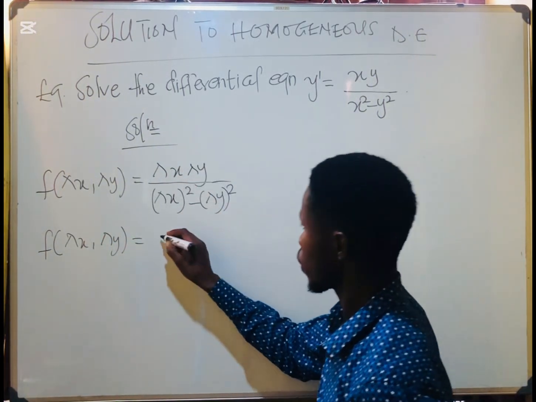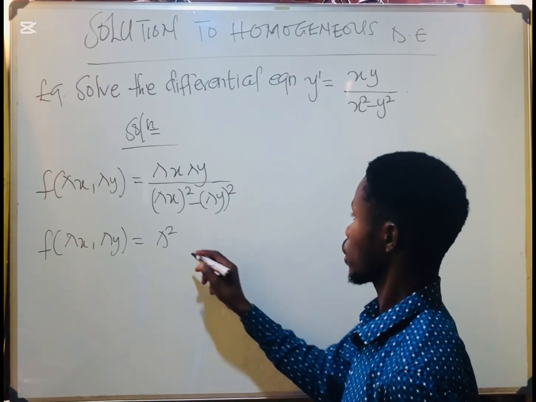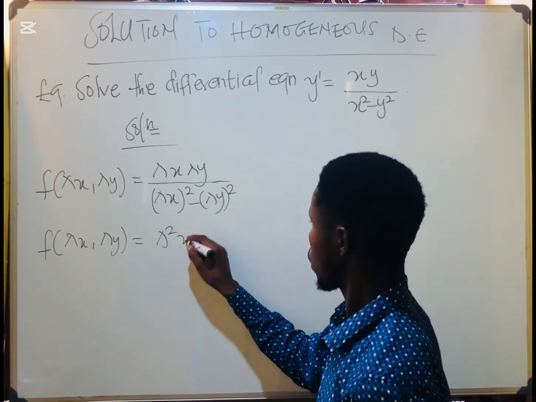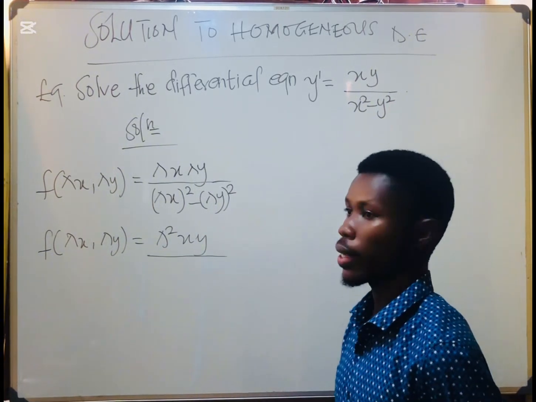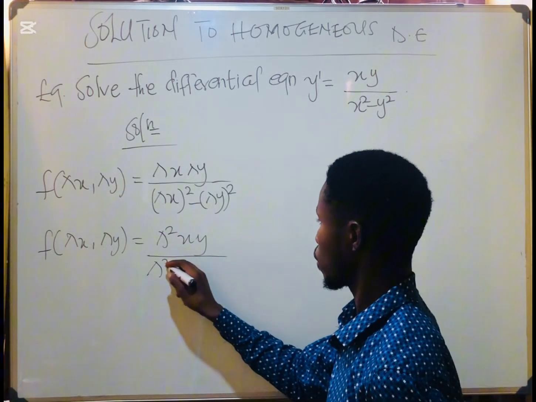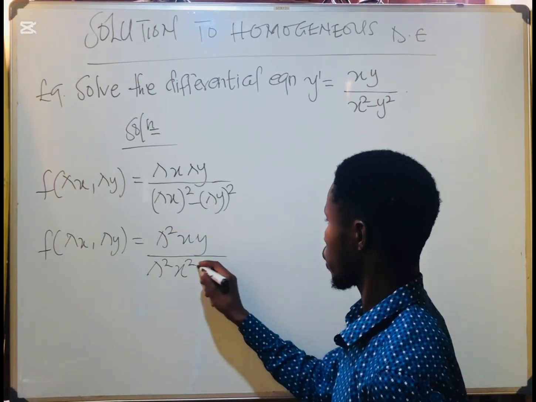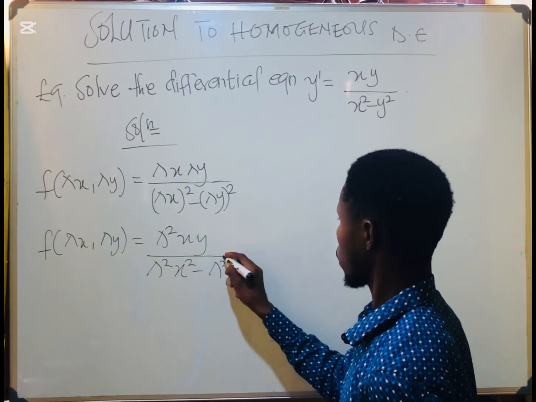Lambda times lambda gives us lambda squared xy, all divided by lambda squared x squared minus lambda squared y squared.